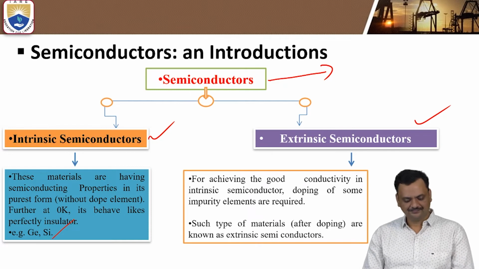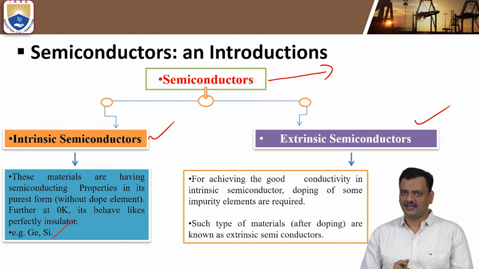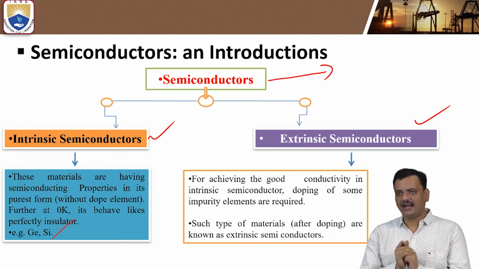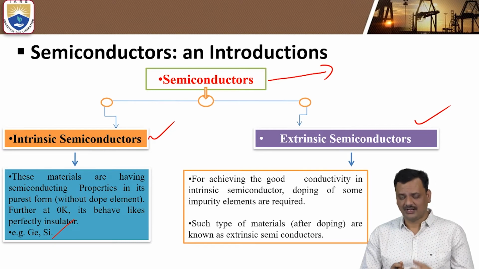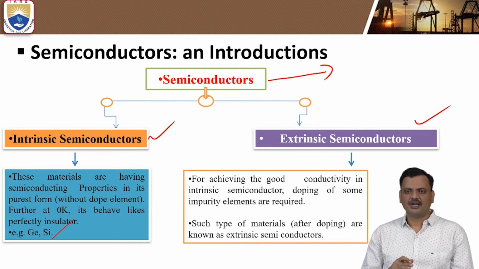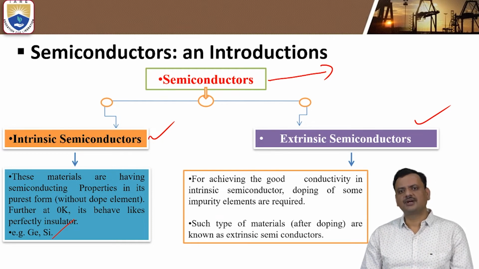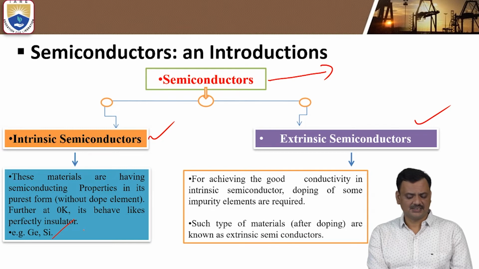In its purest form, at 0 Kelvin, it is basically an insulator. But if we increase the temperature, it will show some conductivity. The best examples of intrinsic semiconductors are germanium and silicon.